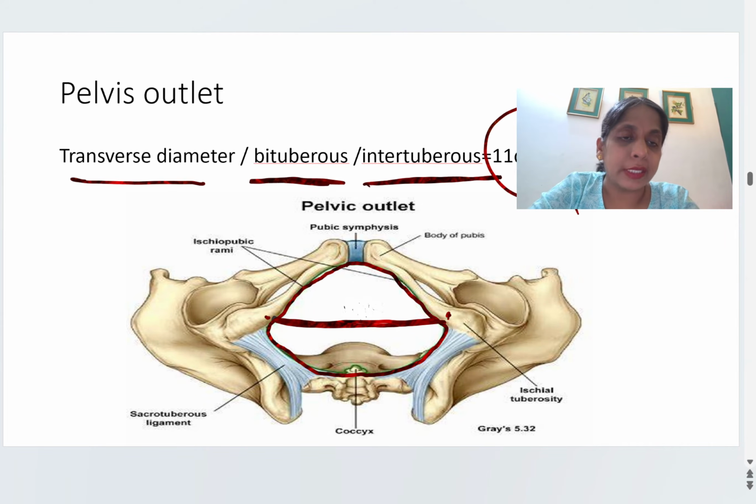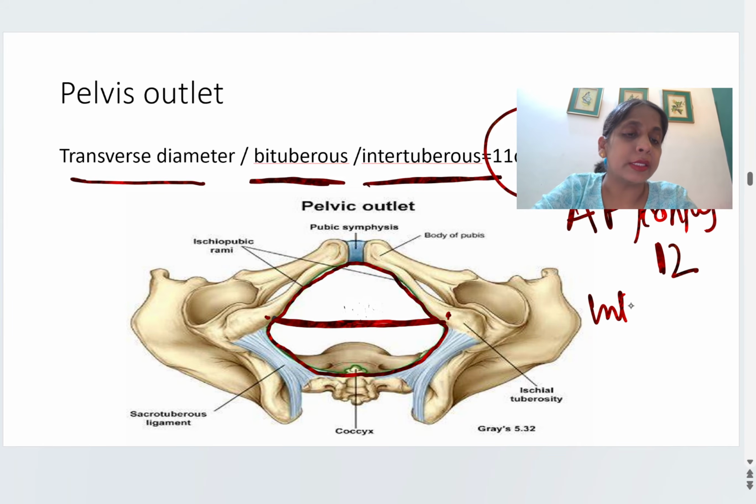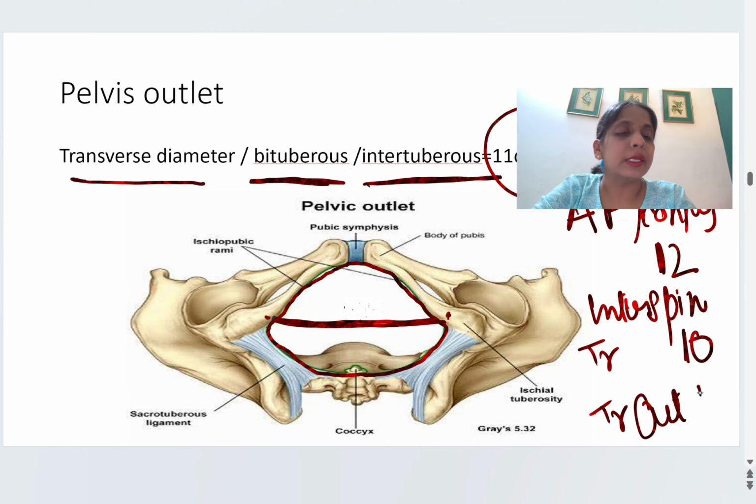Once again, I'm telling you, the anteroposterior diameter of the inlet, the diagonal conjugate, was 12. The interspinous was 10, and the transverse diameter of the outlet is 11.